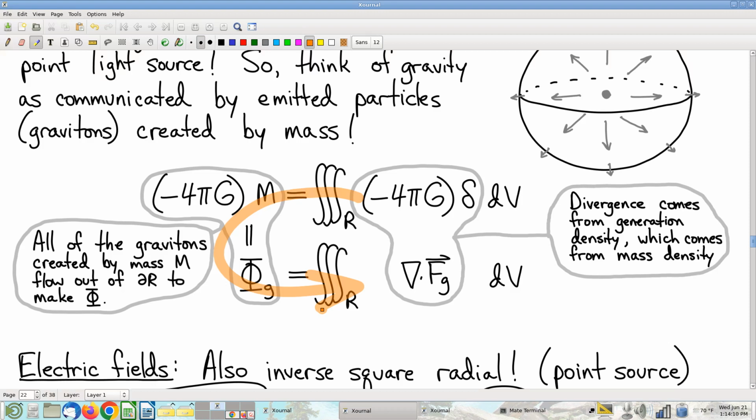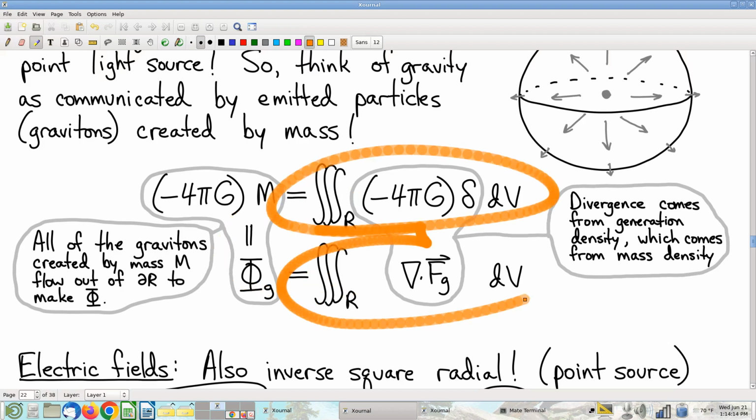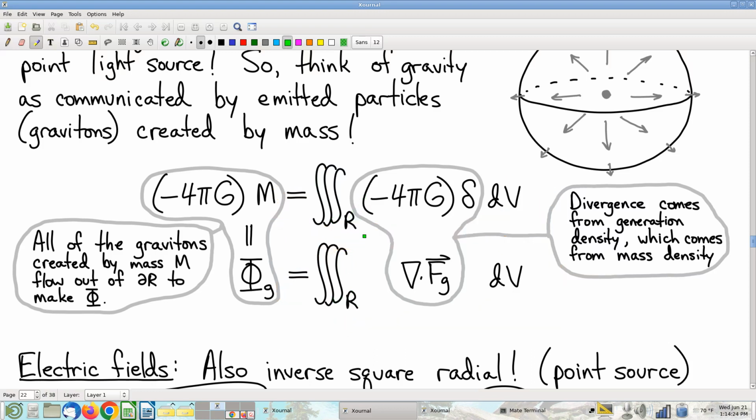This little 3-step process tells us that integral is equal to this integral, and that this is true for all regions. Every 3-dimensional region, this is always true, and that tells us that these two integrands have to be equal. And this is a very powerful result.